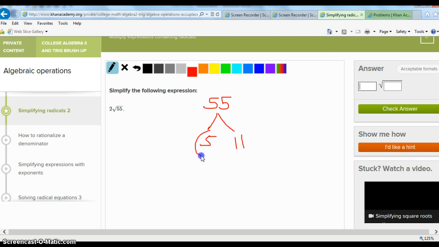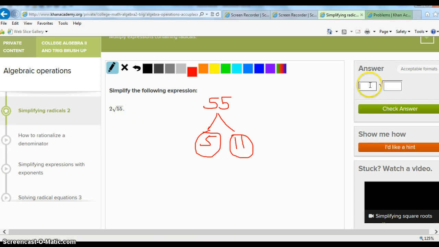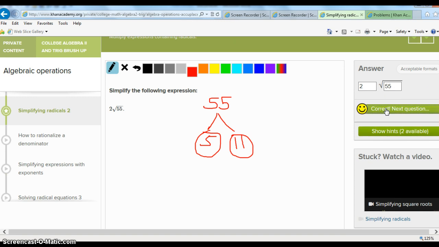Look, we have a prime and a prime. We can't break that down any further, and there's nothing we can pull out from underneath that radical sign. So in this case, the answer is just going to be what it is, 2 times the square root of 55. Check answer.